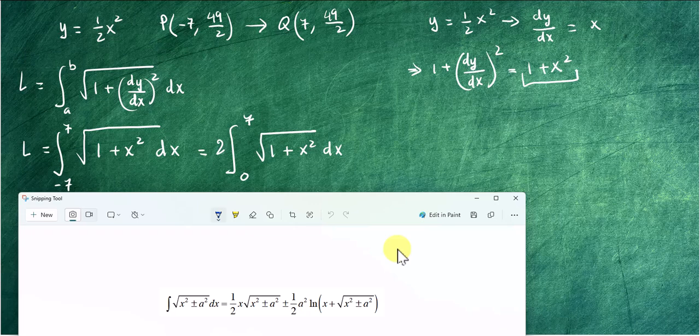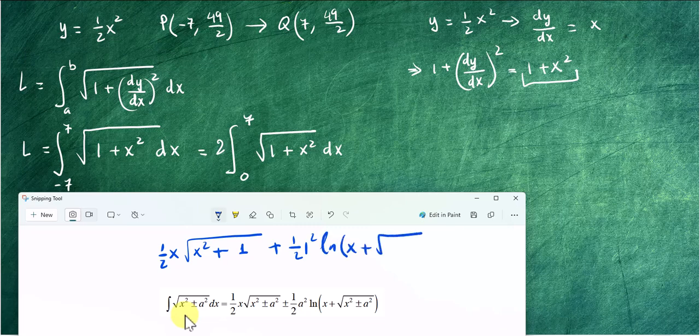So if you compare to this formula, then the answer should just be 1/2 x times the square root of x squared, and we have the plus, so it should be plus a squared, in this case just 1, and then we also add another 1/2 times a squared, again just 1, and then ln of x plus the square root of x squared plus 1. So that should be the answer for this problem.